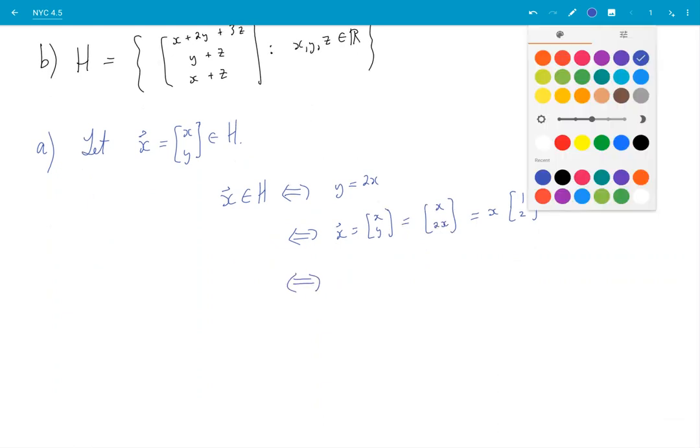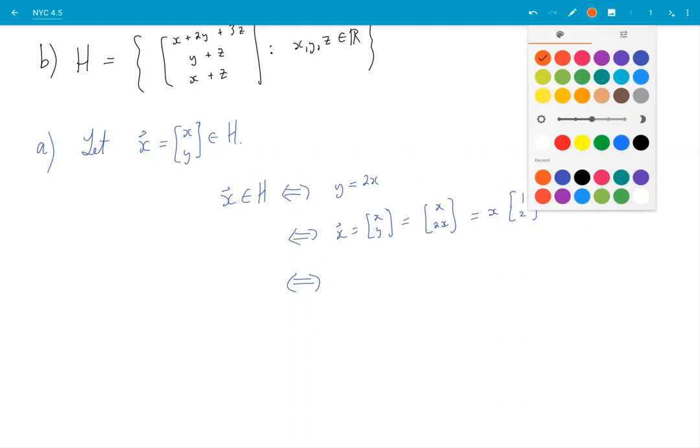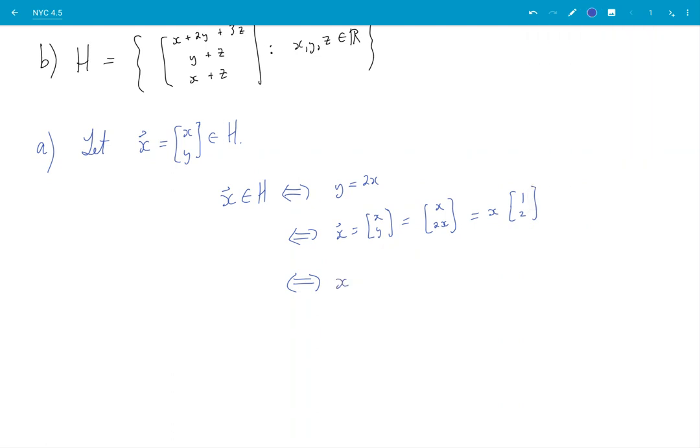So what have I found here? I found that if I have something in H, it is a linear combination of this vector here. So my vector is in the span of this single vector.